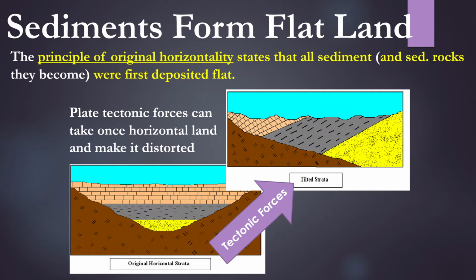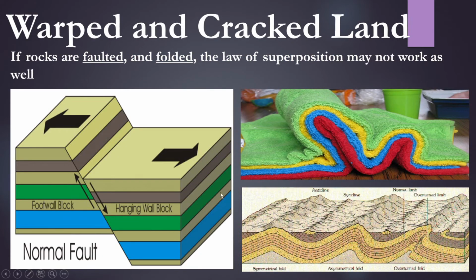That's how they were formed. So if you see any tilts, or anything else, you know that they've been disturbed, and that is not part of the principle. The principle of original horizontality is that all sedimentary rocks begin as flat surfaces.